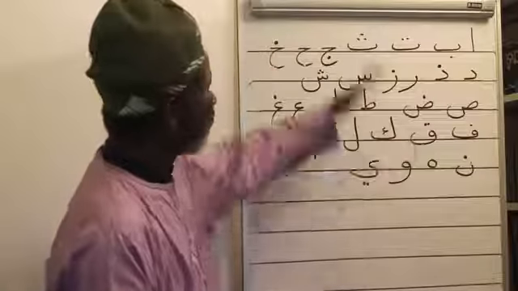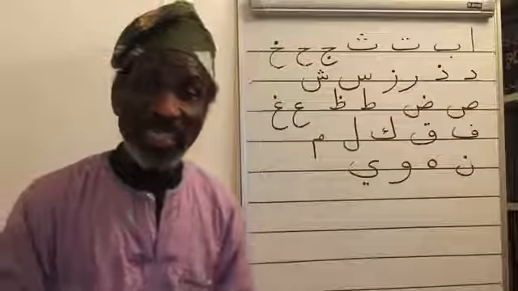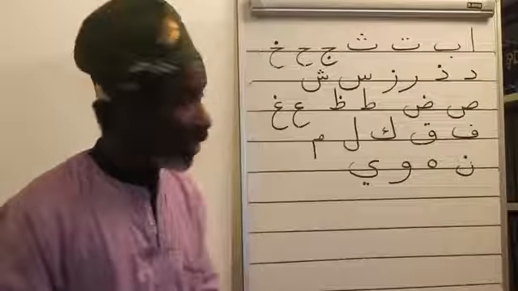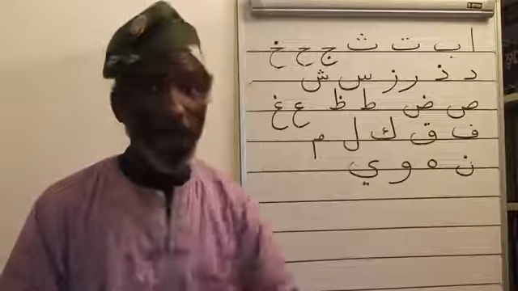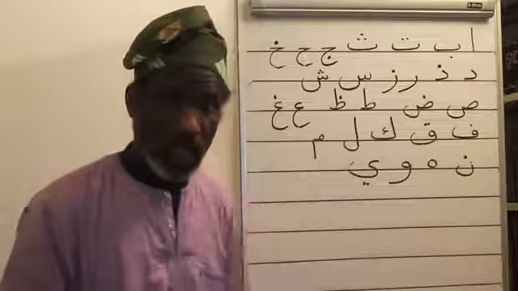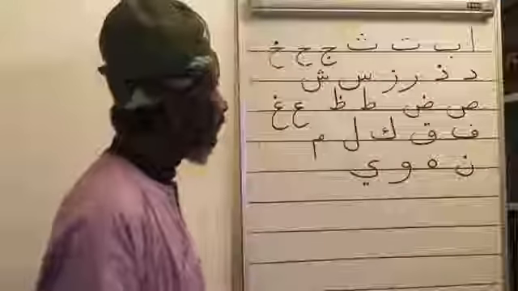Now, if we count it, there are 28 letters in the alphabet. Let's go through them. You have them on page 3 of the book. Now, together, let's read it.